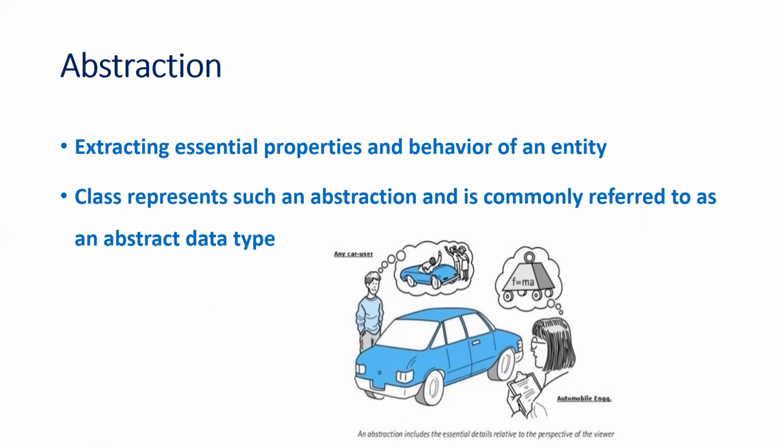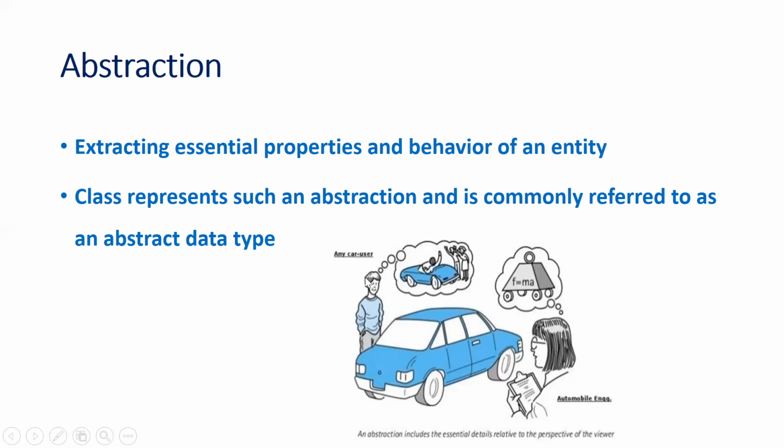The car user need not know the mechanism of how the car moves, but the automobile engineers must have this kind of features. This kind of feature can also be stored in the abstract class.